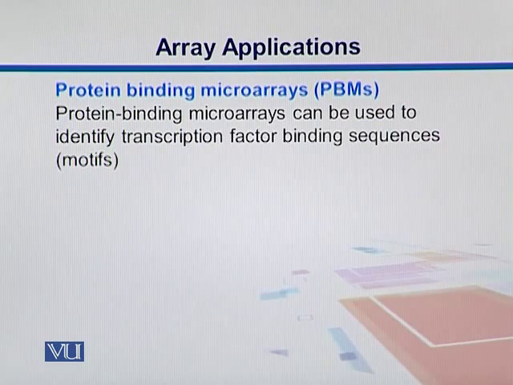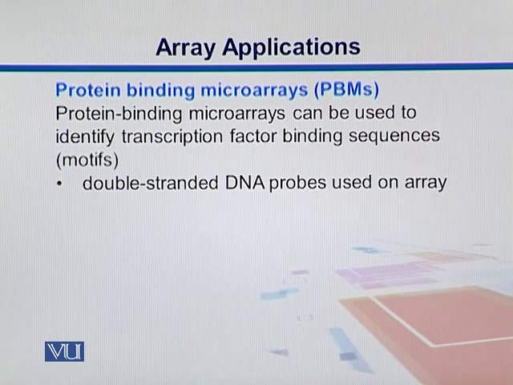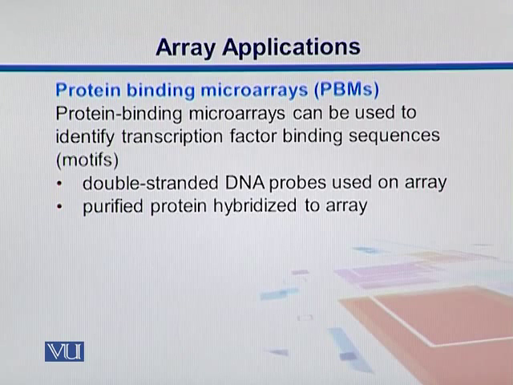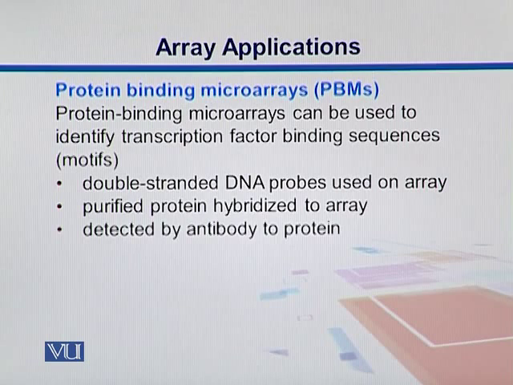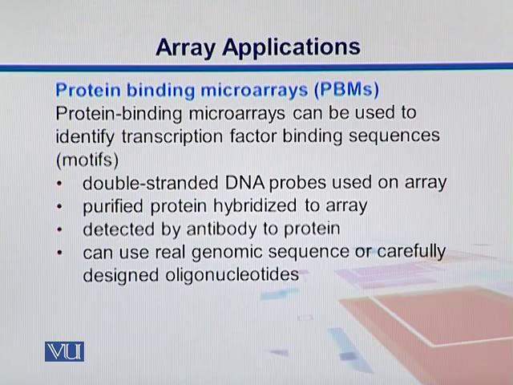In protein binding microarrays, we call them PBMs. Protein binding microarrays can be used to identify transcription factor binding sequences or motifs. We take double-stranded DNA probes used on the array, purify protein hybridized to the array, and detect those proteins with the help of antibodies.